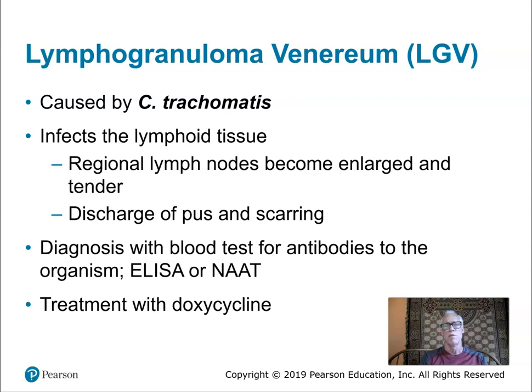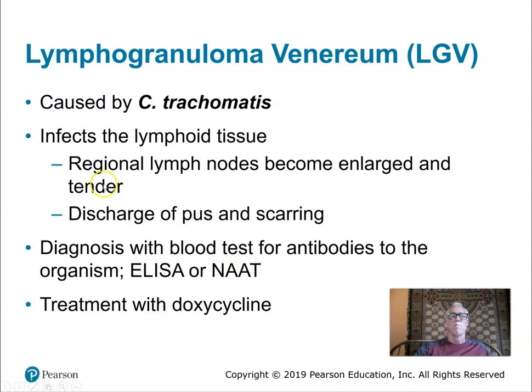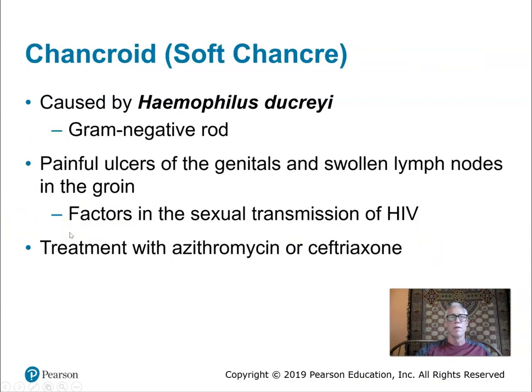Diagnosis is with blood tests for antibodies against Chlamydia trachomatis, and also ELISAs and nucleic acid amplification tests, and treatment is with doxycycline. So yet another chlamydia problem, getting into the immune tissue.